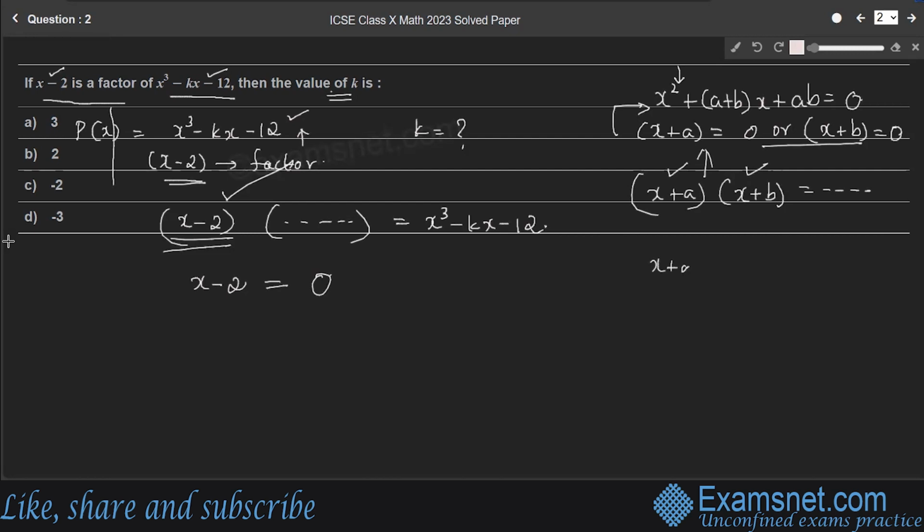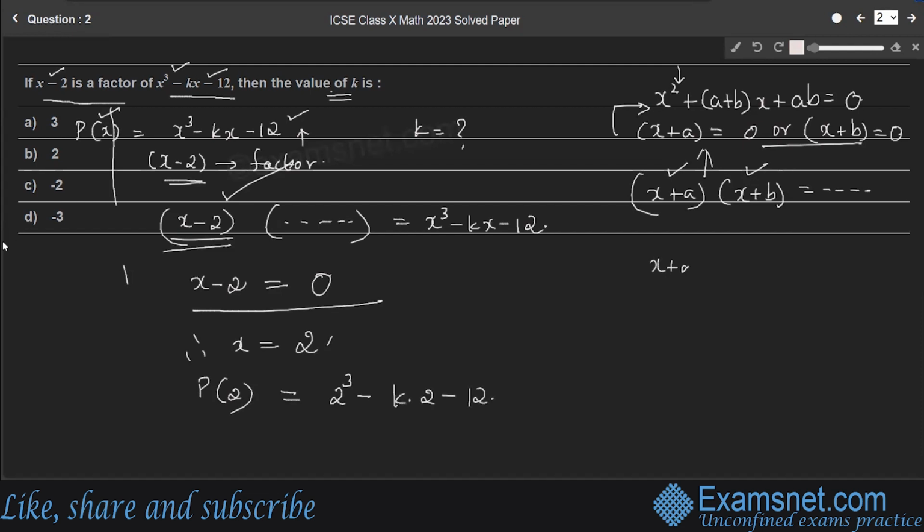Similarly, for the given algebraic expression, since x minus 2 is a factor, x minus 2 is equal to 0. Therefore, the value of x is 2. If x is 2, P of x becomes P of 2, which is 2 cube minus k into 2 minus 12.